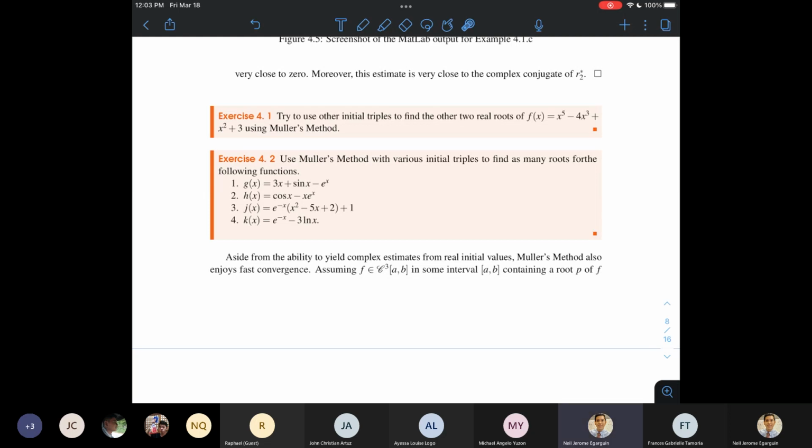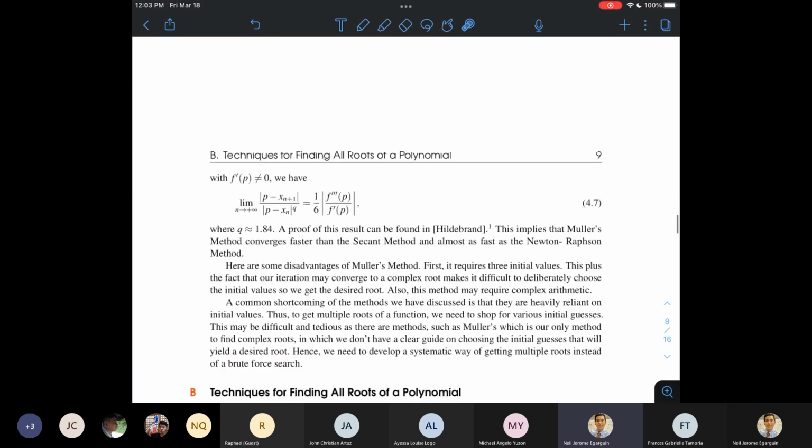Now, okay, so yun yung kagandahan ng Euler's method. The thing about Euler's method also is it surprisingly converges faster than secant method. Remember, we knew that the secant method converged at a rate of about 1.618, the golden ratio phi.